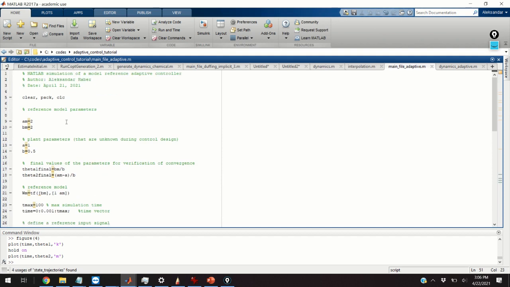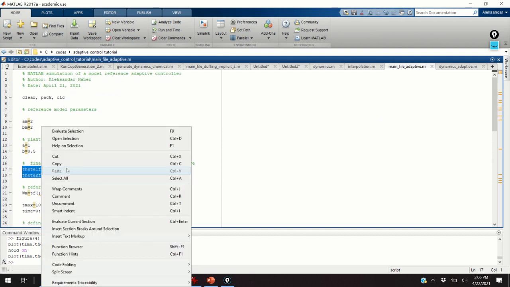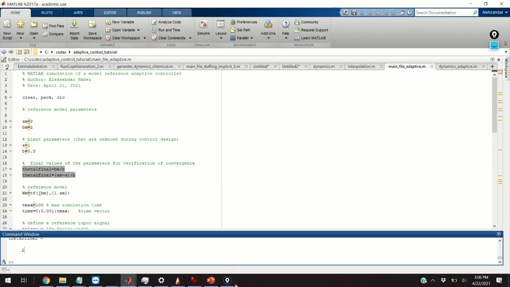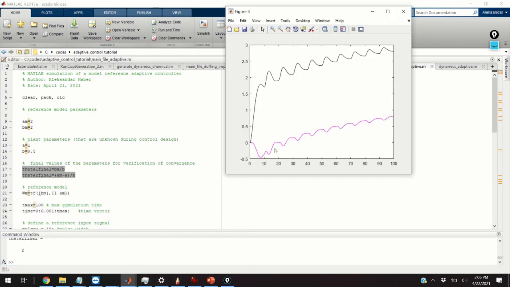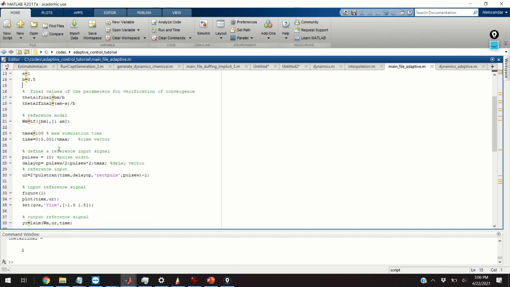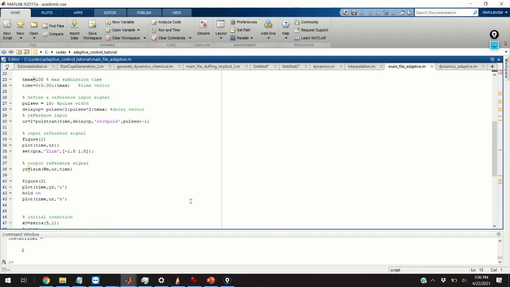And the most optimal values are 4 and 2. By observing these transients, we see that θ1 and θ2 are approaching these values. We didn't simulate the dynamics for more than 100 seconds. However, we can do that, and you can observe that these parameters will converge to the most optimal values.